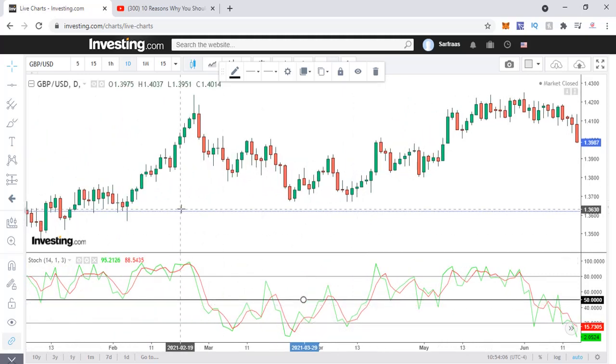Now you can see that we have a green color and a red color over here, and as I told you, when the market moves above 80, that means it is overbought.